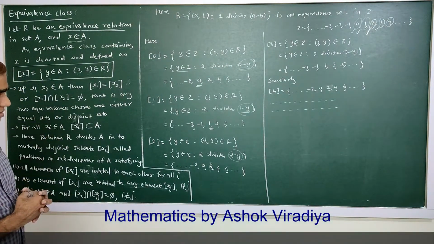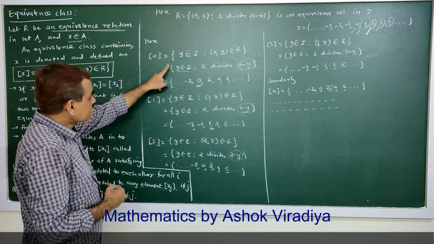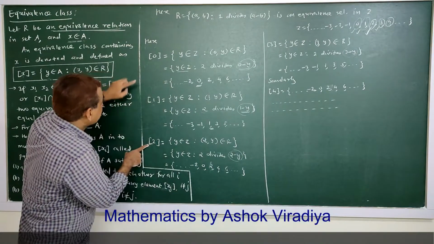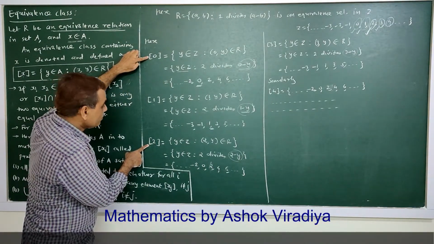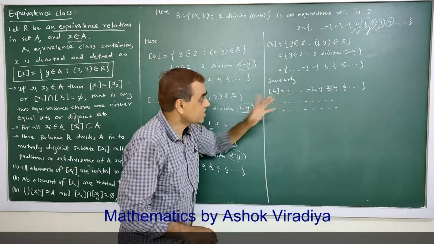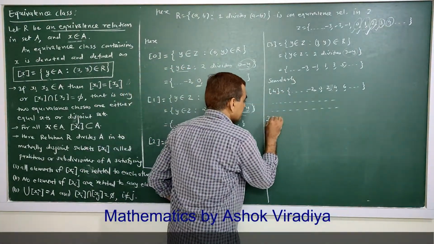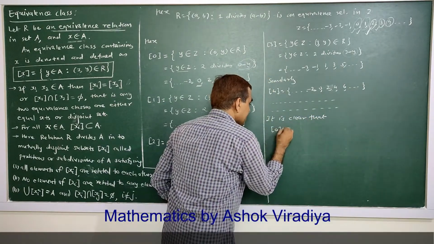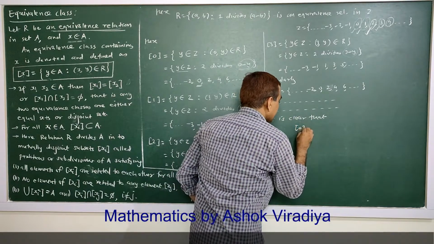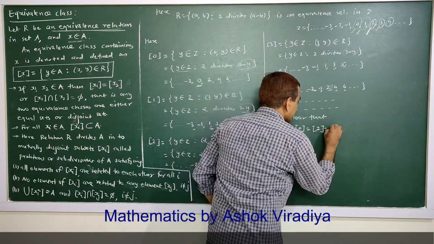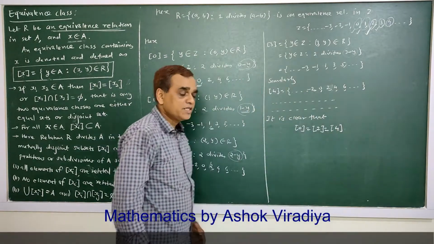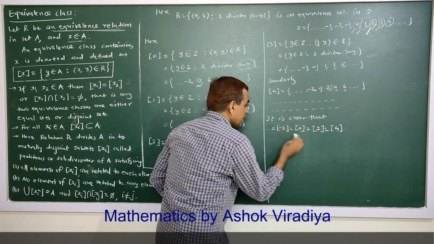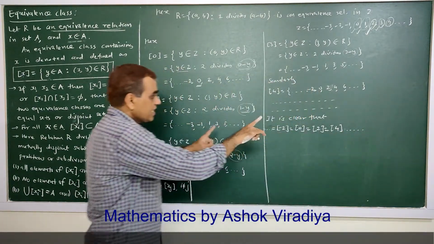Now observe here. The equivalence class containing 0, the equivalence class containing 2, these are the same. The equivalence class containing 4, these are the same. So it is clear that the equivalence classes containing 0, 2, 4, and if you find the class containing -2, these are the same.